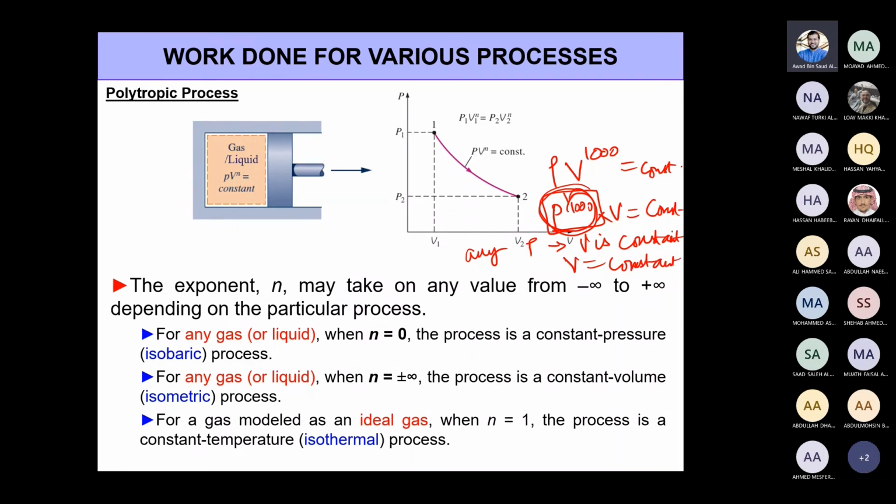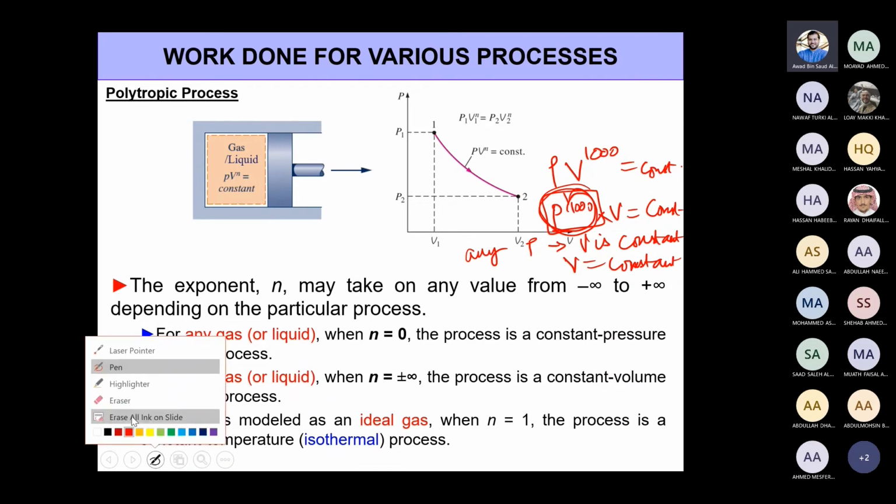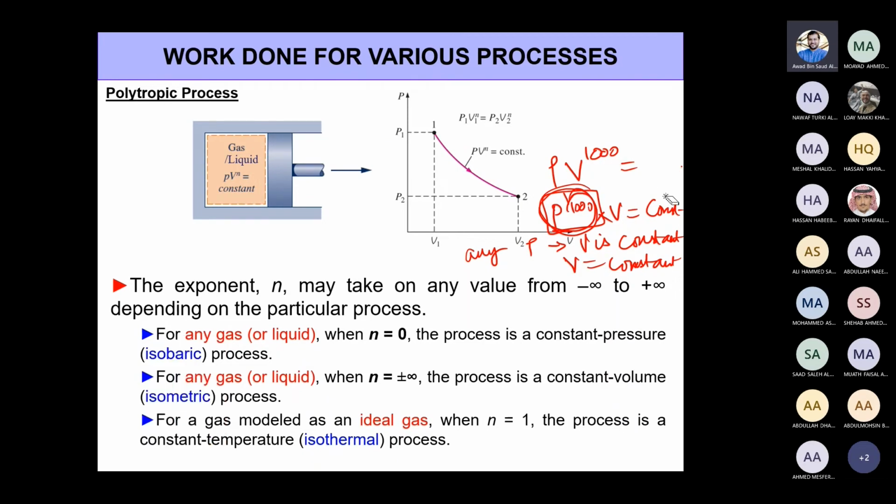Now these constants are different. Let's say the initial constant is constant C1. Let me put that separately so that there's no confusion. So here PV raised to 1000 is constant C1. Then when I take everything to the power 1 by 1000, you get another constant.